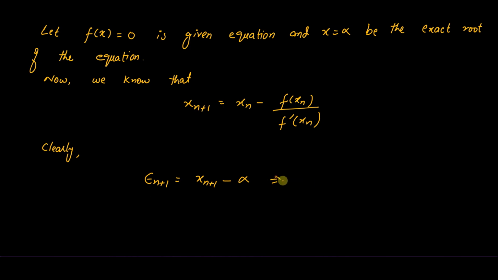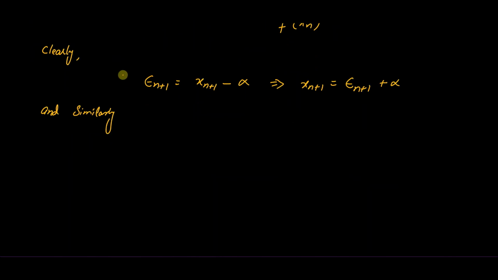So by rearranging the equation, we get x_{n+1} = epsilon_{n+1} + alpha. And similarly, we have x_n = epsilon_n + alpha, the same rule applied on x_n.